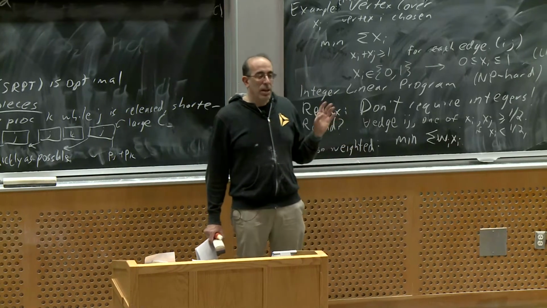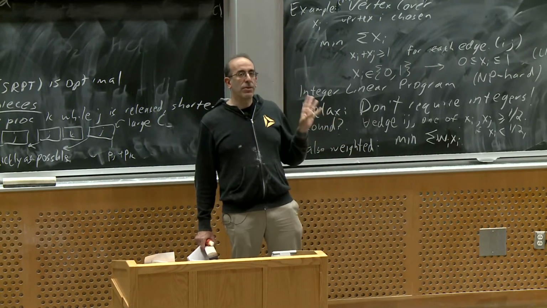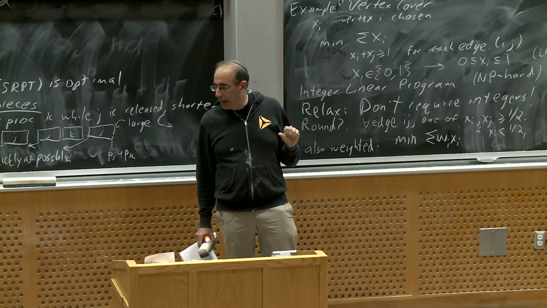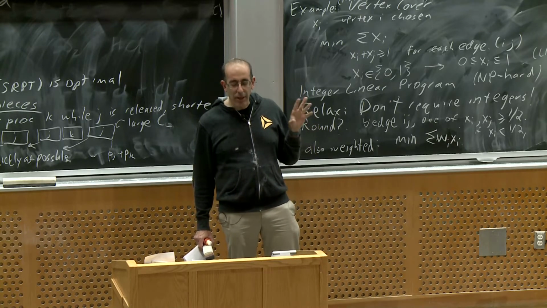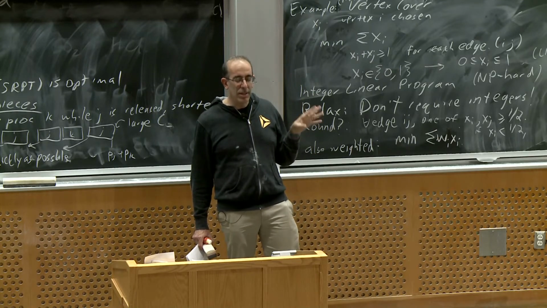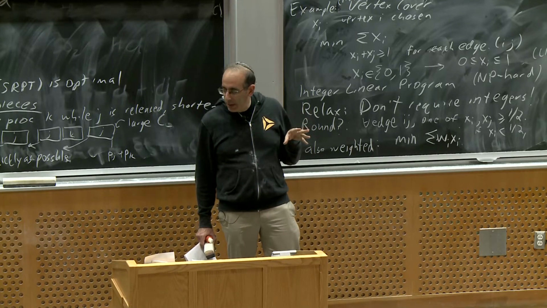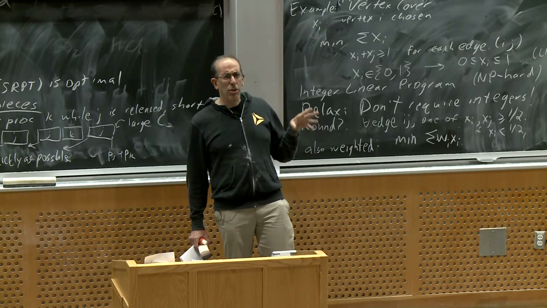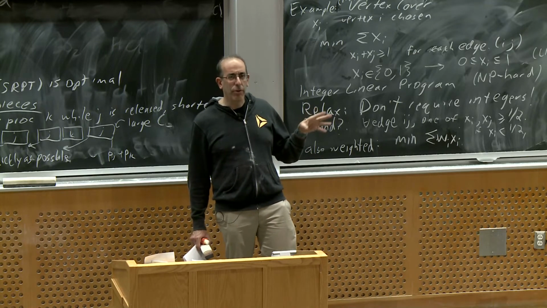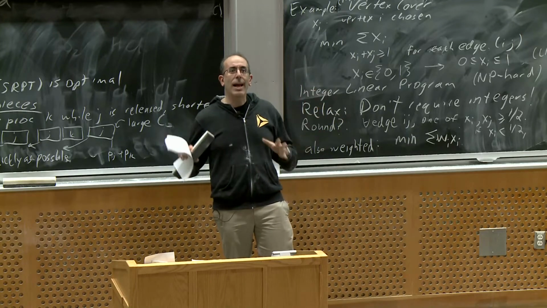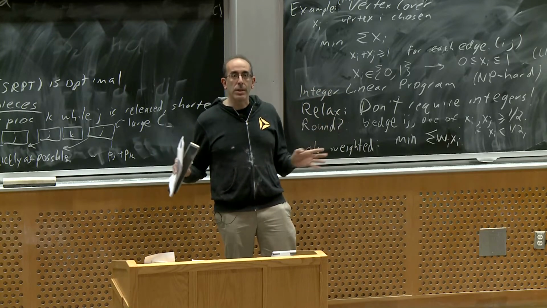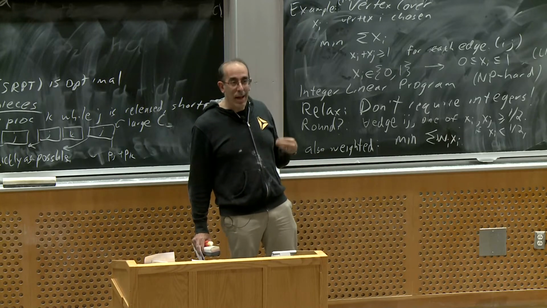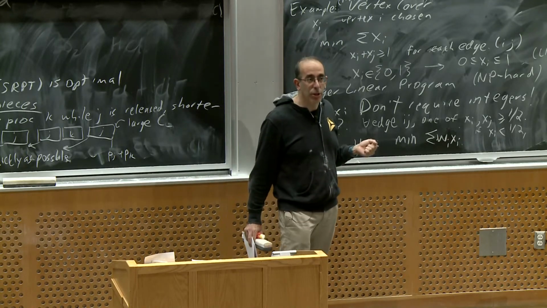Okay? And there are deep reasons that the max flow polytope does have integer vertices. It's something known as total dual integrality. And unimodularity shows up there also. So people have studied large classes of linear programs where there is no integrality gap. And those are very useful because now you can get the integer answer by just solving a linear program.